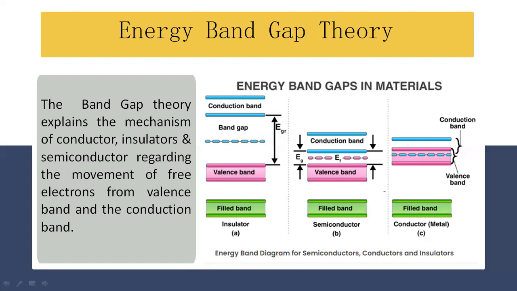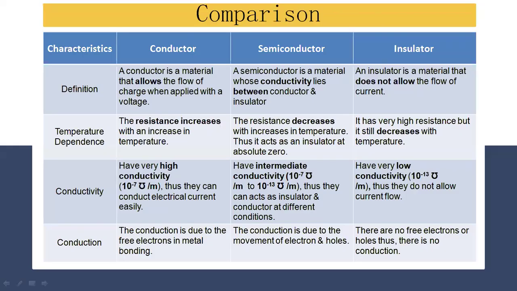Whereas in an insulator, as the band gap is very large, the electrons cannot move from the valence band to the conduction band. So based on this energy band gap theory, you can see the difference between the three materials: insulator, semiconductor and conductor.